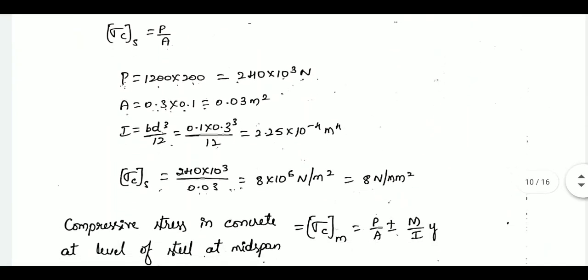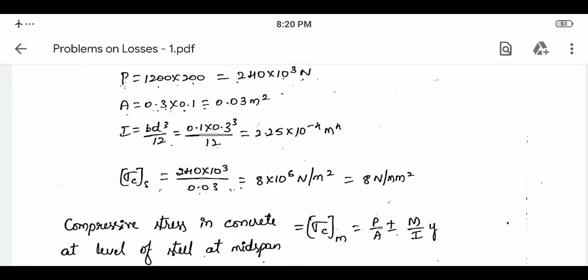It is very important. So as the eccentricity is 0 at the support for second cable, there is no P into e by I into y term, so we neglect it. We have only P by A. We have stress in concrete at support as 8 N/mm².